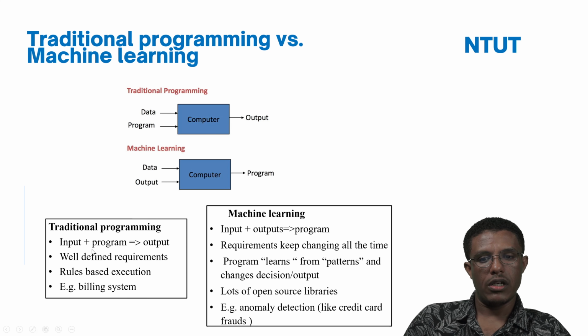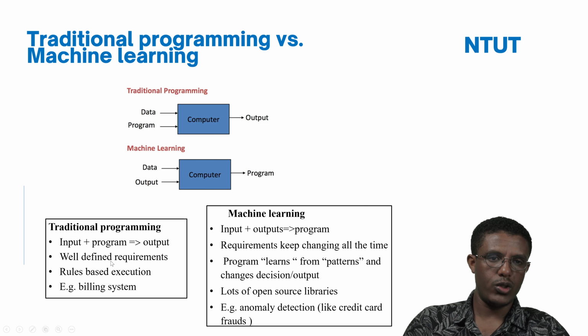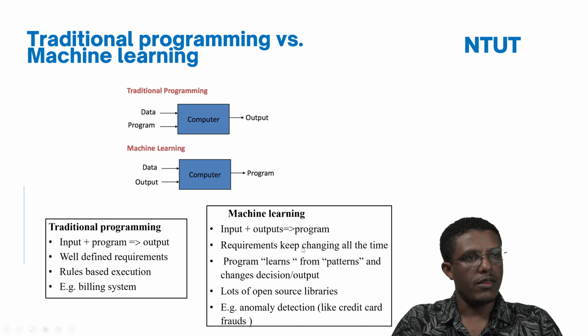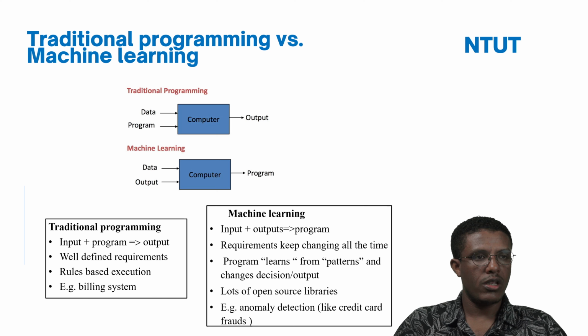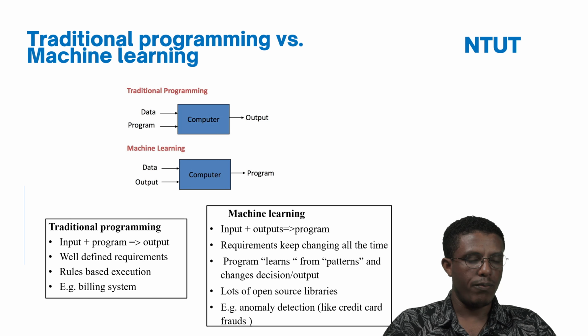The other big difference between traditional programming and machine learning is that in traditional programming, requirements are well-defined, specific ones. But in machine learning, requirements keep changing all the time. We can update, tune, and change through time in order to improve the performance.